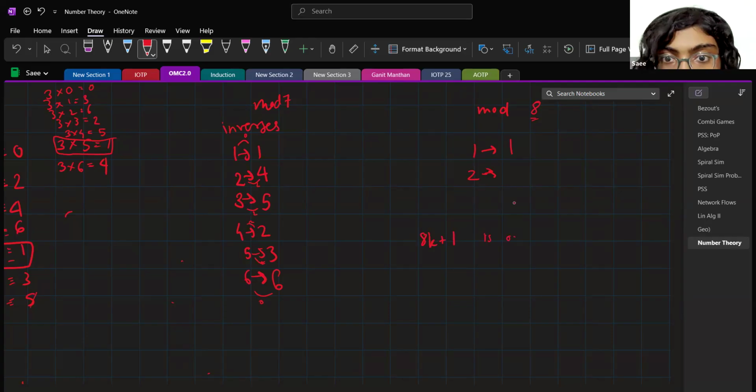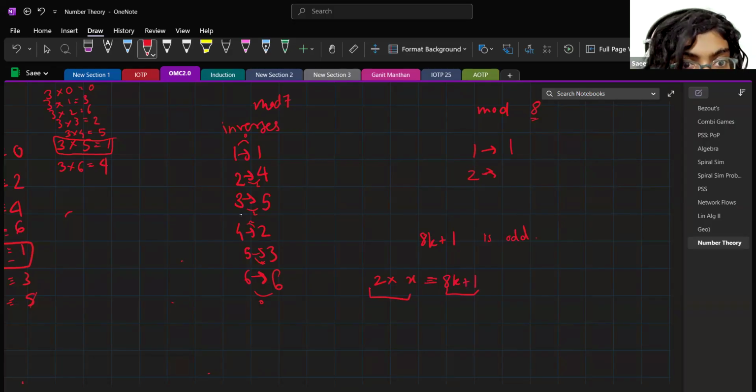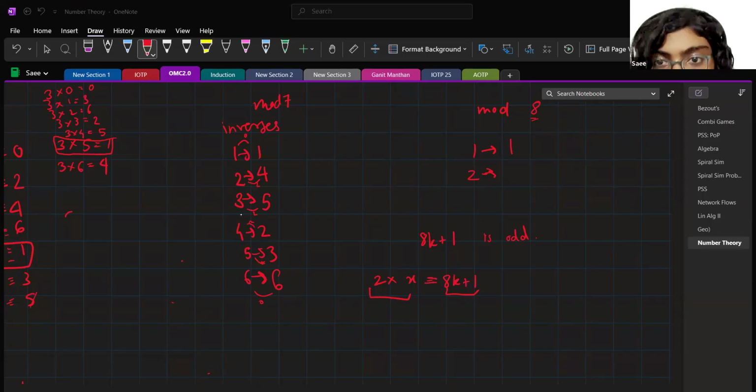What do we mean when we say we want to find the inverse of 2? We want to find a number x such that 2 times x gives us 1 mod 8, which means 2 times x has to be 8k plus 1 for some k. But we know that this is always going to be even, and this is always going to be odd. Yes, great job, Aishwarya, Nikhil, and people who made this argument. I think Paras also had similar ideas. A bunch of people had this similar idea.